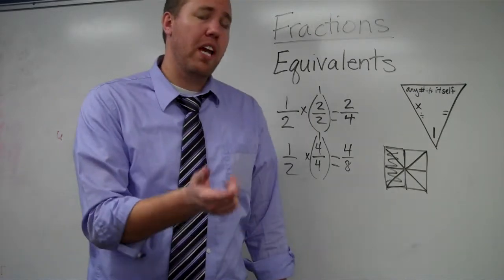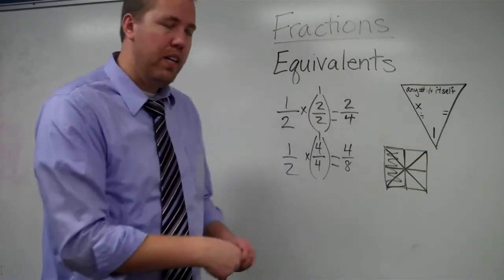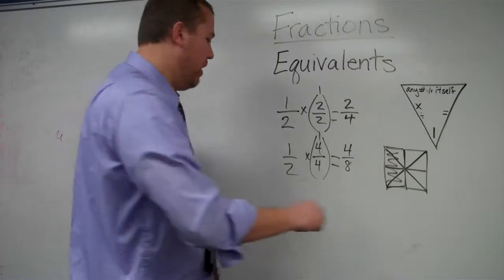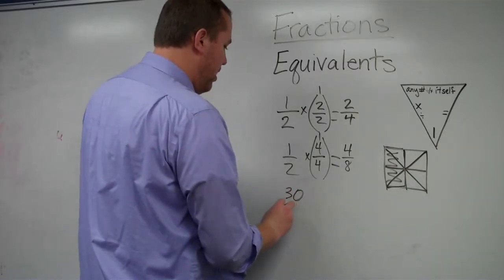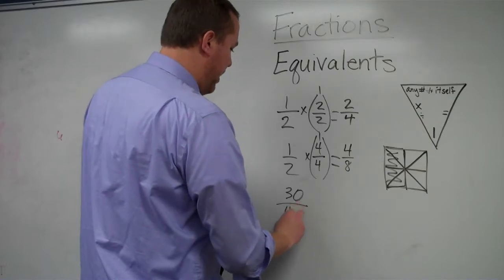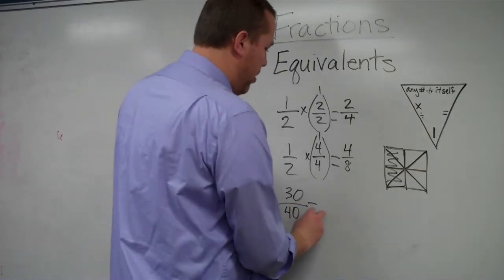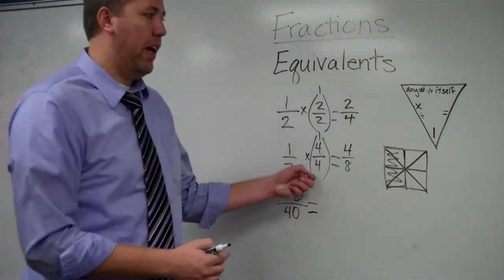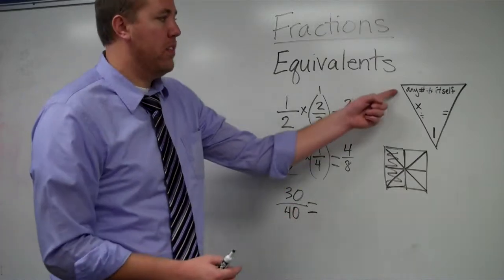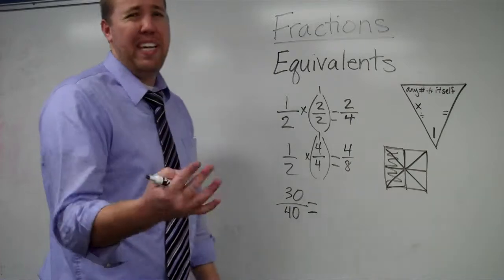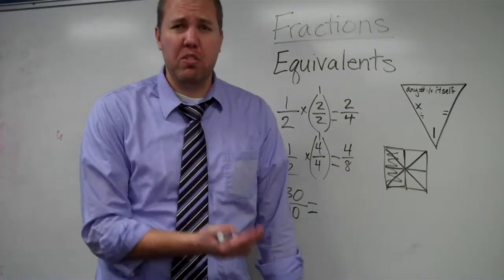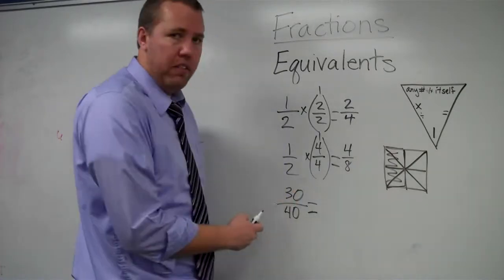It works the same way with division, except we start with the bigger number. So let's just choose 30/40. Okay? We can multiply, but we can also divide by 1, because any number divided by 1 equals itself. The only trick here is we have to choose a number that goes into both of those.